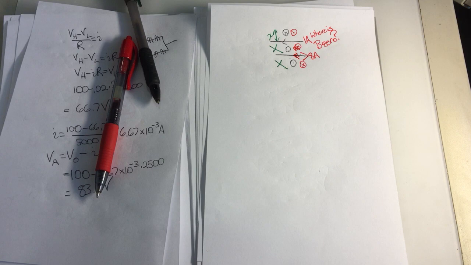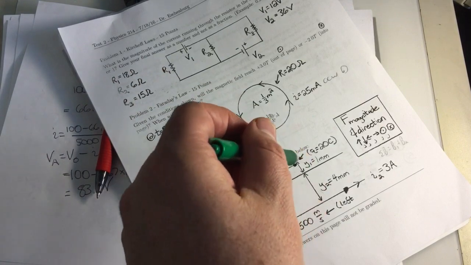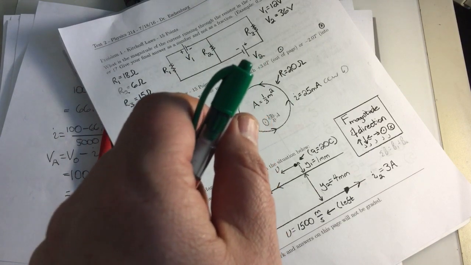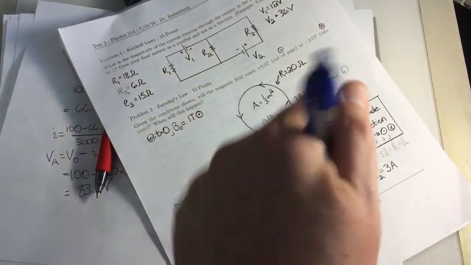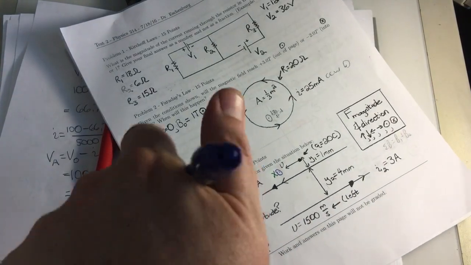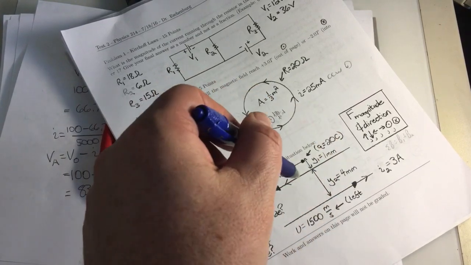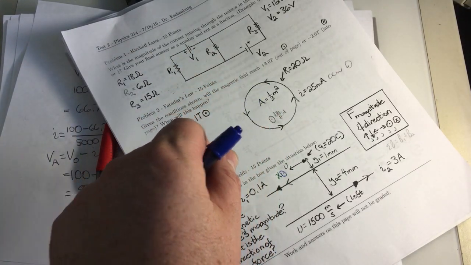When you add up the B fields at that point, you find out that it's positive, because this one is producing a B field that is going into the page, and this one is producing a B field that is out of the page. And what you find out is that the B field from that wire is bigger than the B field from this one. So in the end, it's got to be a positive B field.